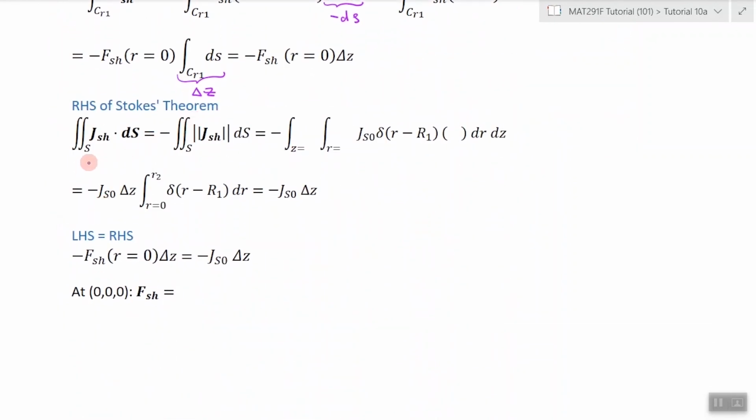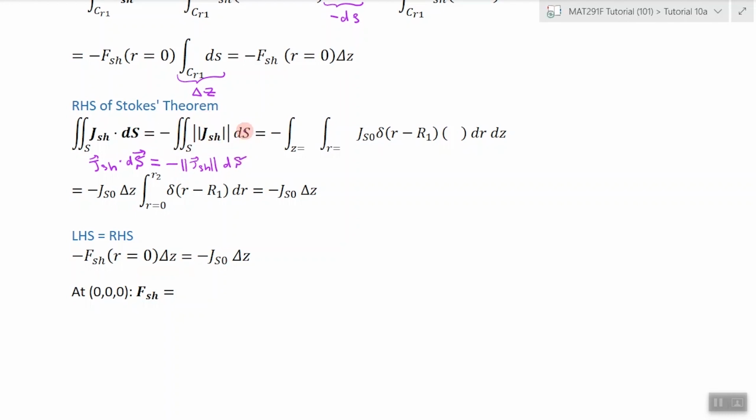We know that J sheet dotted with ds, where ds is the differential surface element, is equal to, we have the two vectors going in the opposite direction, so we have negative magnitude of J of the sheet times magnitude of ds.